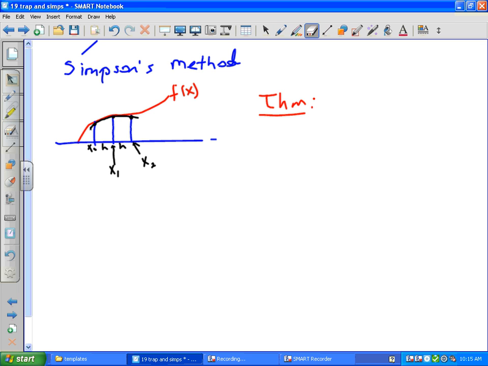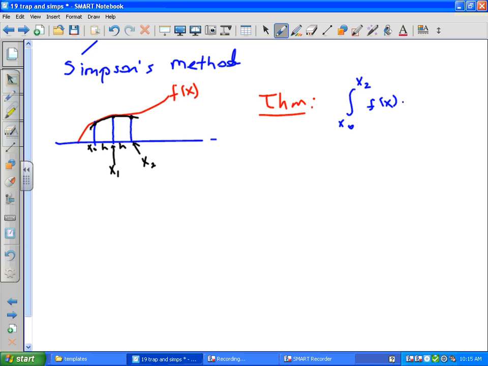let me make it simple. Just say integral. The integral from x sub 0 to x sub 2 of the function, basically the area under this parabolic region, which has a rooftop of a parabola and rectangles on the side.